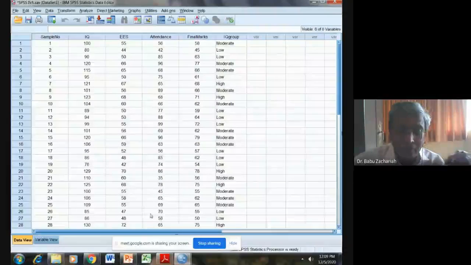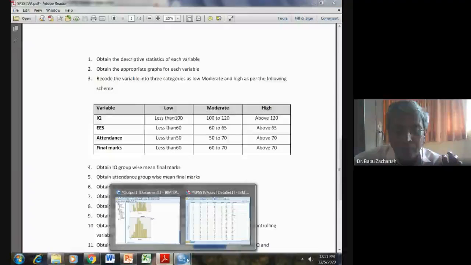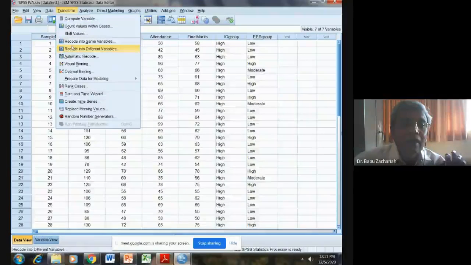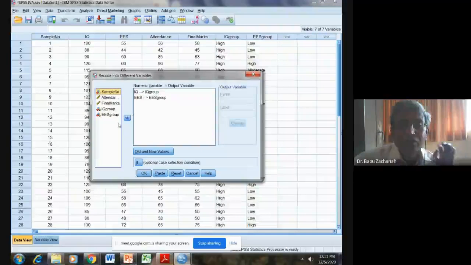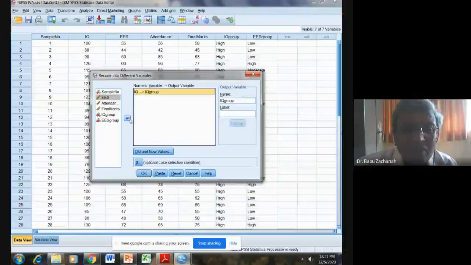Now the next one here I have is attendance. Cutoffs are 50 and 70. Again, I can do that one. Come here, recode into different variables. These two were remaining.